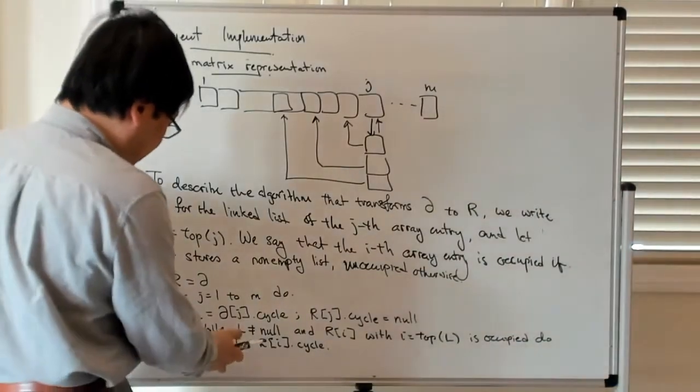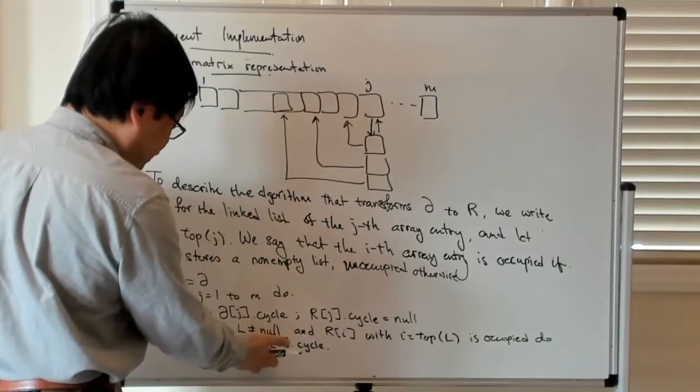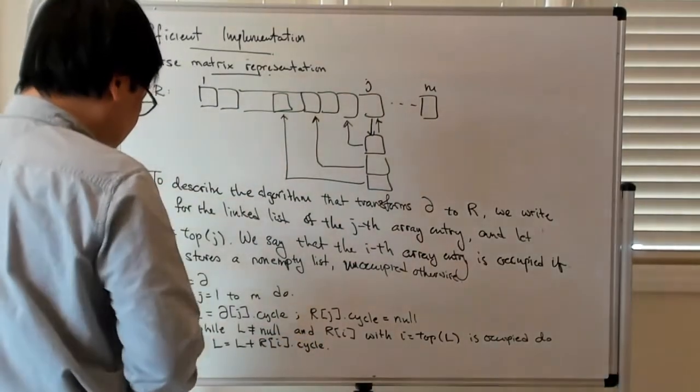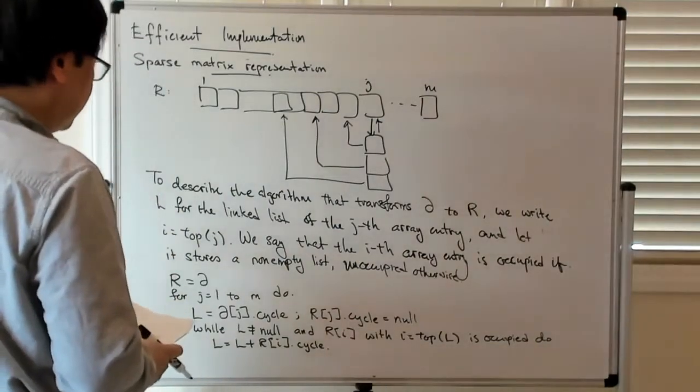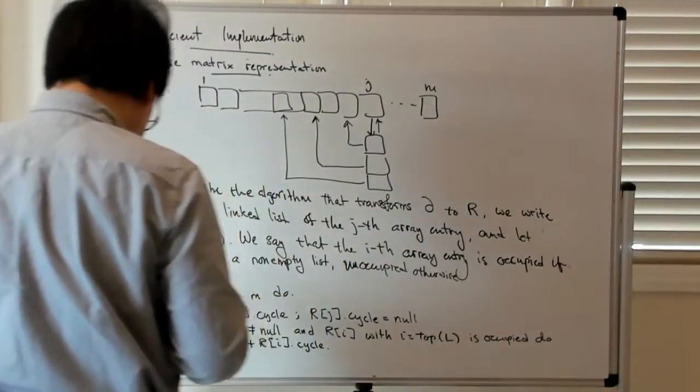Okay, and then you do essentially a column operation where you add this cycle, if you will. The cycle just corresponds to the linked list, I should say.